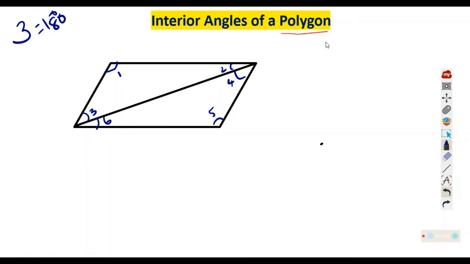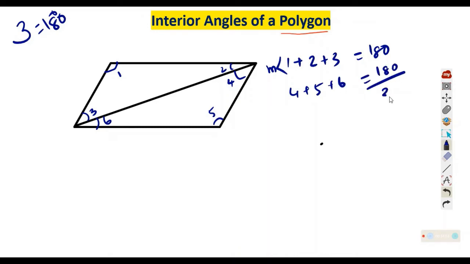I am bringing these numbers so that you can understand. We know that 1 plus 2 plus 3, the measure of these angles, will be equal to 180, and 4 plus 5 plus 6 also will be 180. Total will be 360.